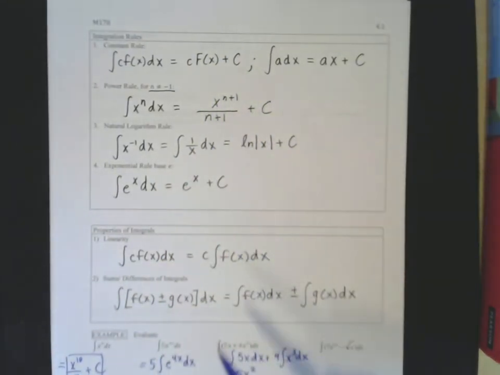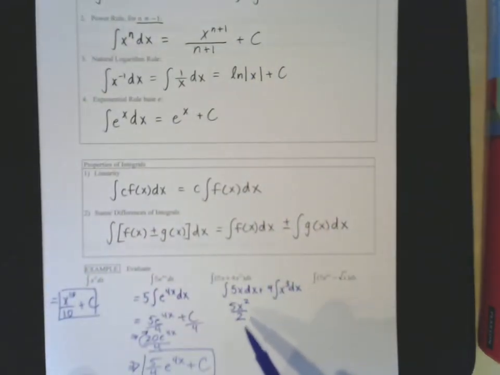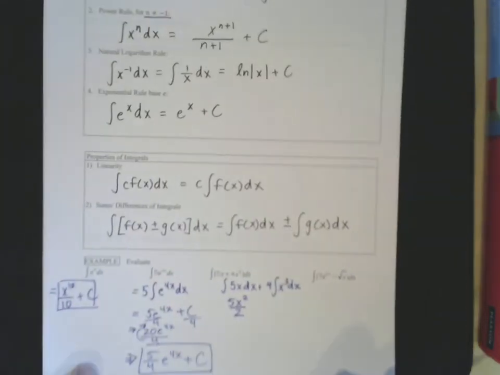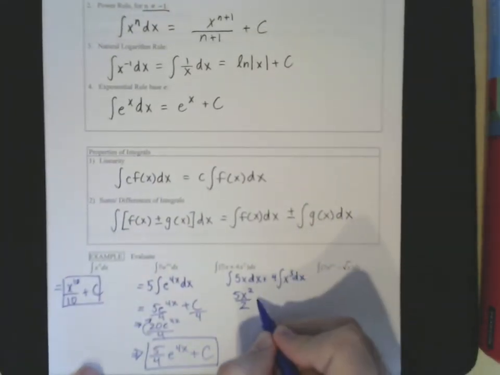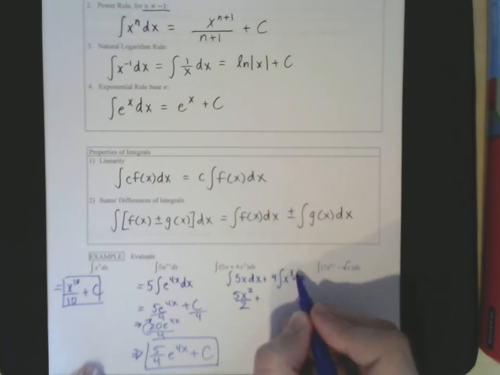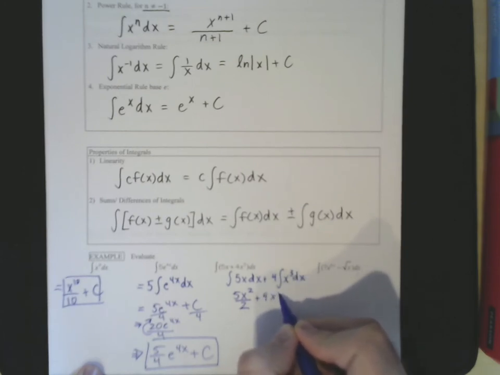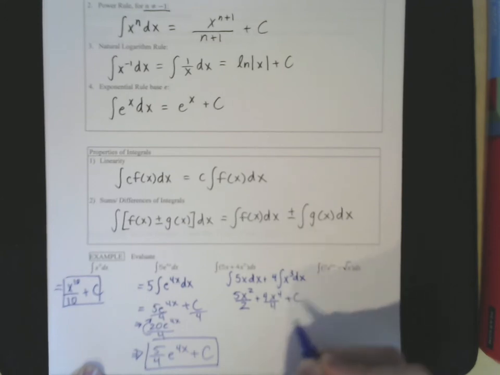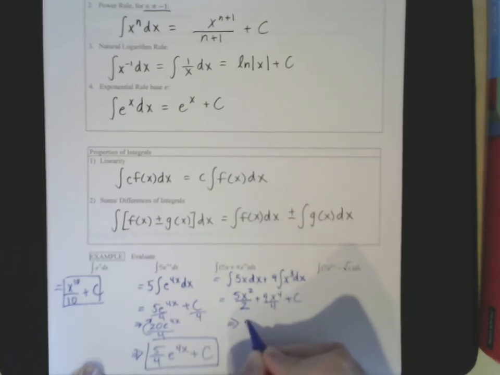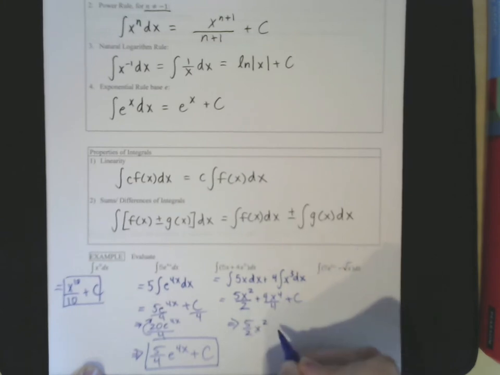Power rule on the x, to get x squared over 2. And then the constant rule to say keep that constant that you saw the same. And then x cubed should be x to the 4th over 4. So this would be 4x to the 4th over 4 plus c. And this, of course, reduces to 5/2 x squared plus x to the 4th plus c.